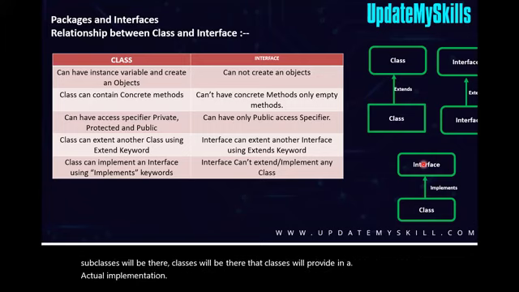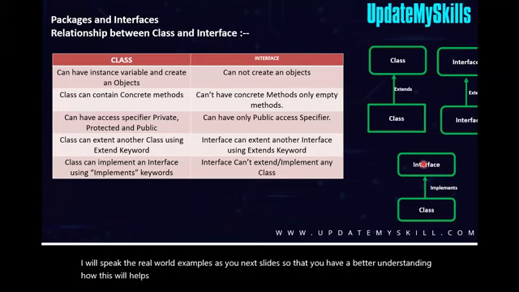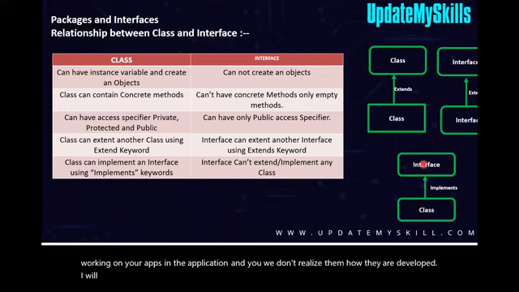I will show real-world examples in the next slides so that you have a better understanding of how this helps. There are a lot of real-time examples. You are already using interfaces when working with apps, and we don't realize how they are developed. I will go through those examples, then I will pause for your questions.